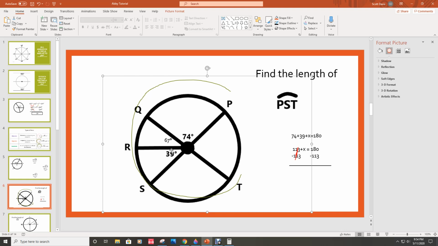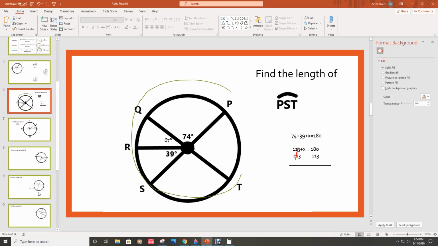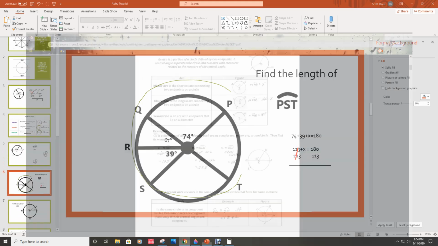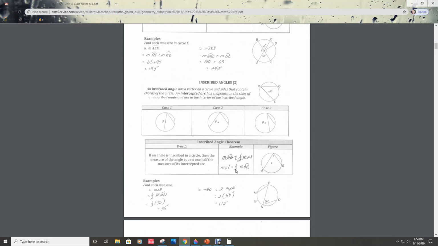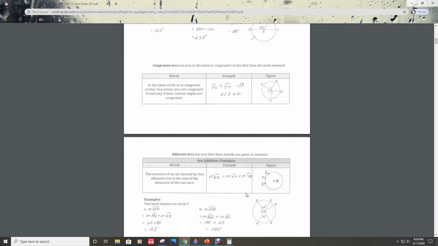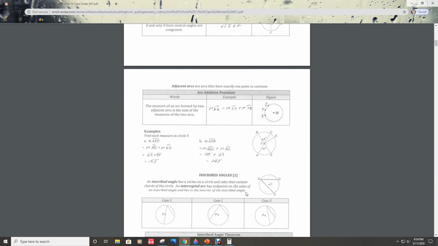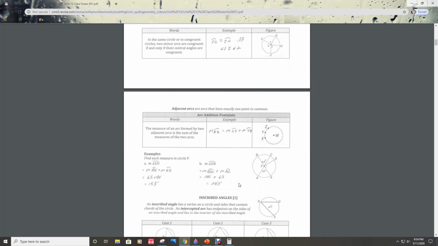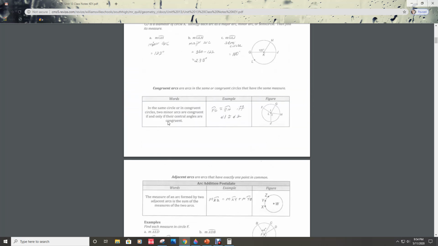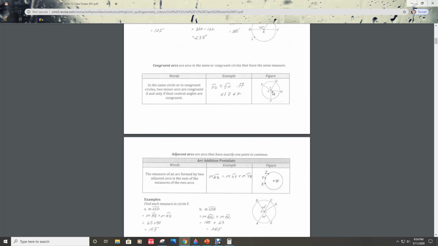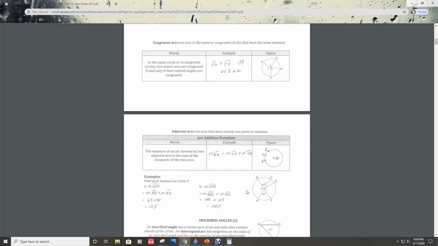If we have, did I include this in your thing? Probably not, so I can go to his. About congruent angles where they share a point, or excuse me, adjacent arcs. Sorry, not congruent angles. Adjacent arcs and congruent arcs, they share the same point, so they're equal, okay?